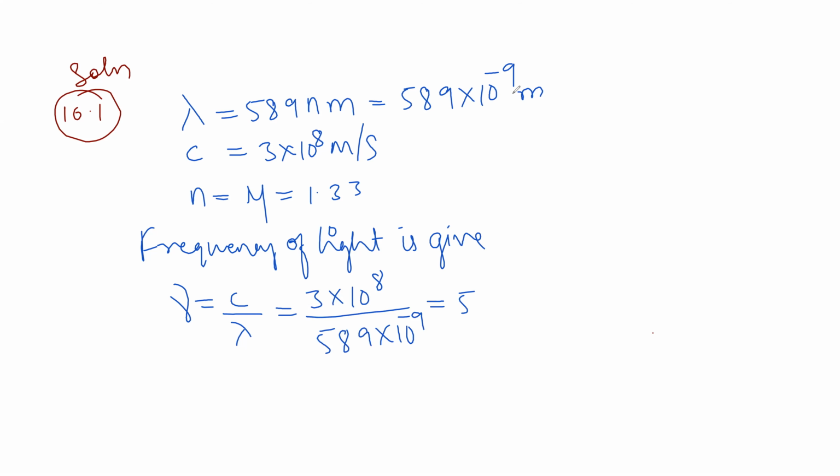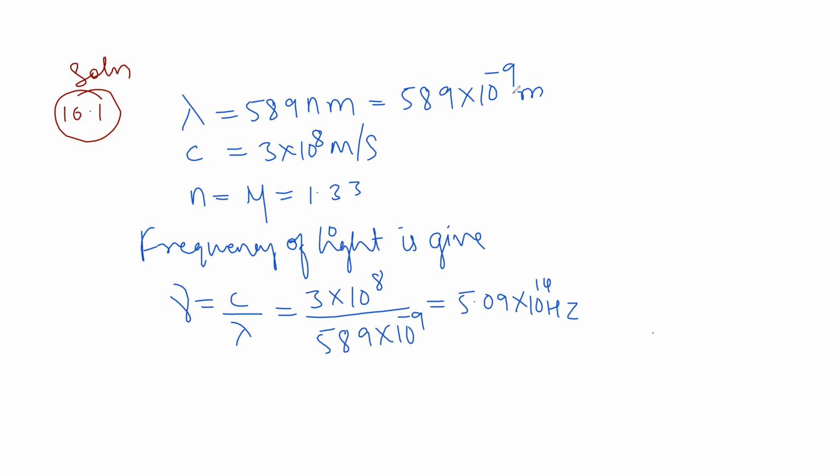After simplification we got 5.09 into 10 to the power of 14 hertz. So this is frequency. Hence speed, frequency and wavelength of the reflected light are 3 into 10 to the power of 8 meter per second, 5.09 into 10 to the power of 14 hertz, and 589 nanometer.